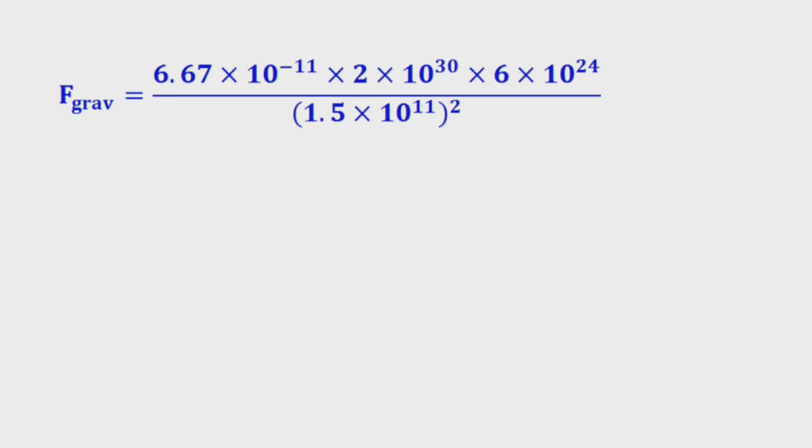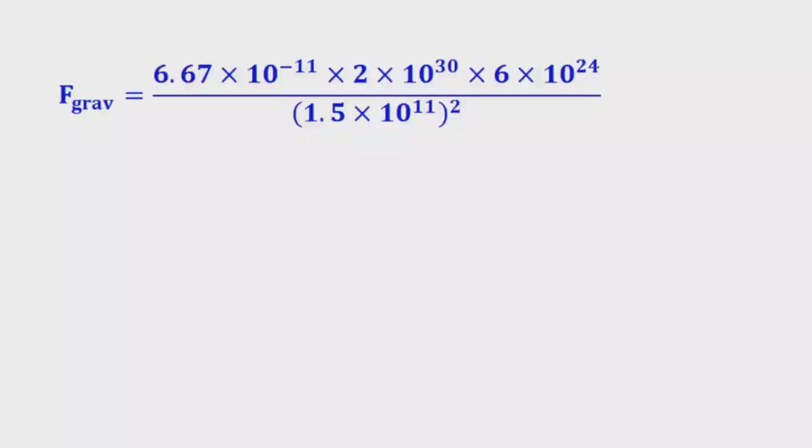By substituting the values, we get gravitational force of attraction equals G value 6.67 into 10 power minus 11, mass of the sun 2 into 10 power 30, mass of the earth 6 into 10 power 24 kilograms, and distance between sun and earth 1.5 into 10 power 11, whole square.